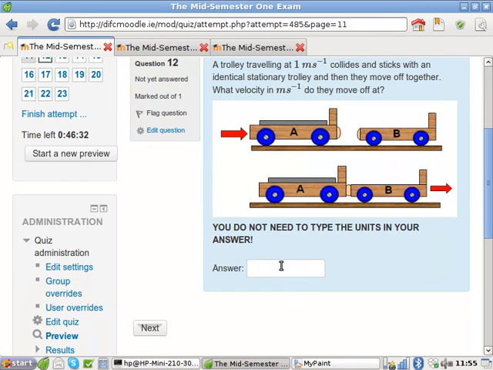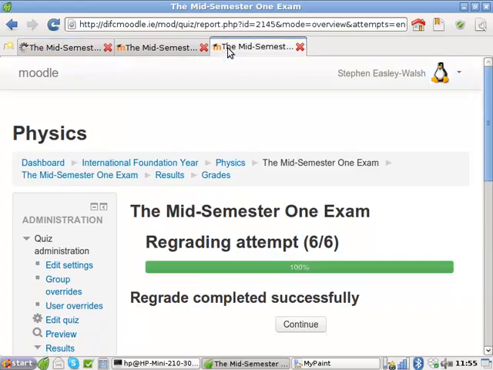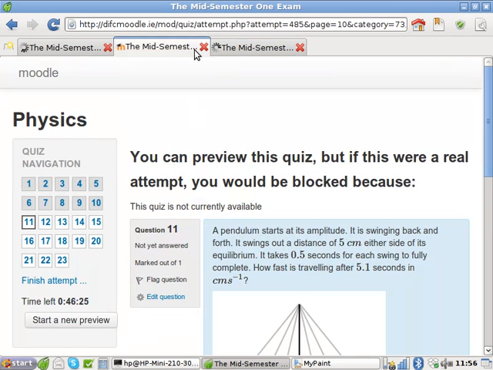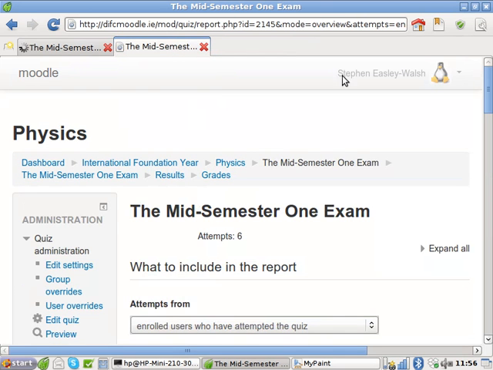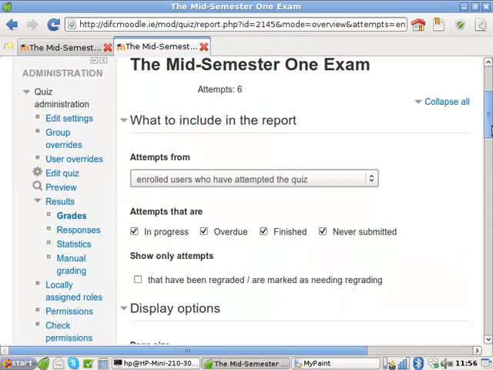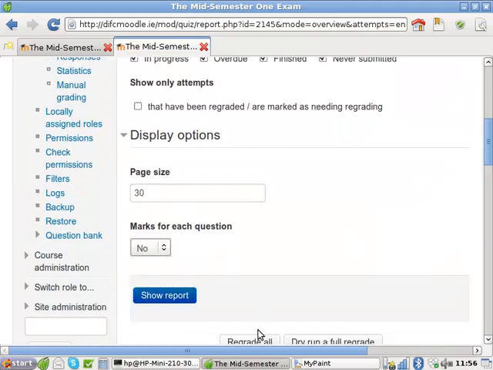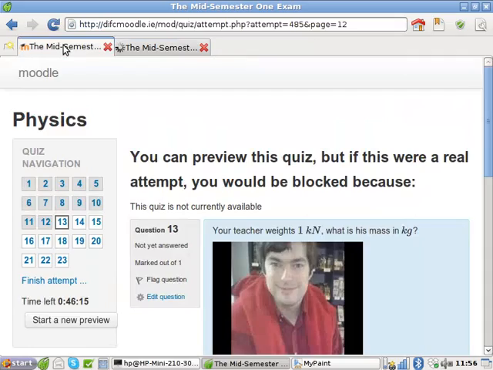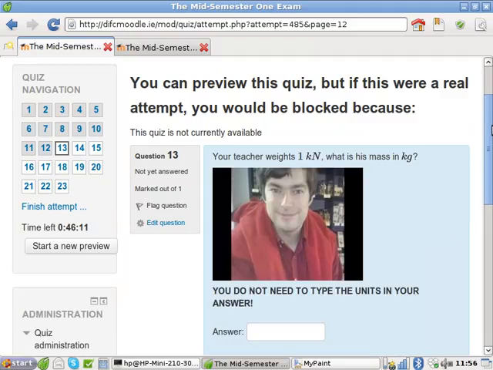I got one. I don't really know why. Good question. I'm so surprised that so many people got this wrong because I got such silly answers, like, your teacher weighs 1 kilogram, what's his mass?